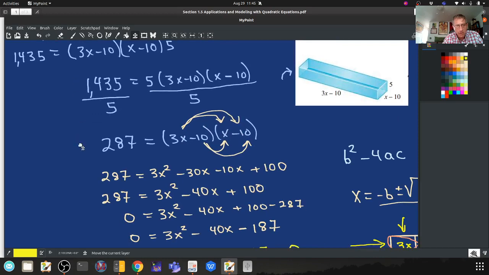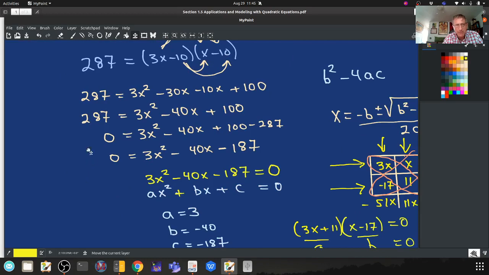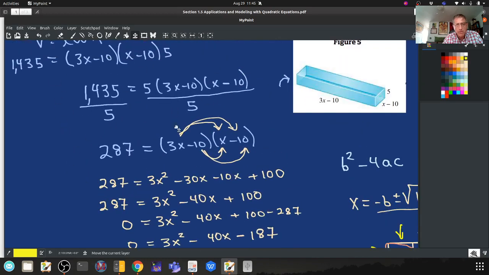From here on down, all I'm doing is algebraic methods to solve this original equation. One thing I will tell you: dividing both sides by 5, you should absolutely do that.